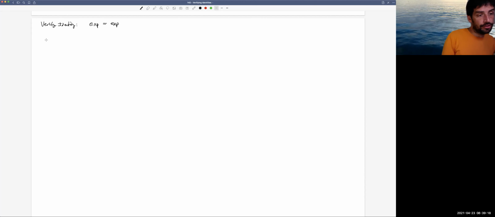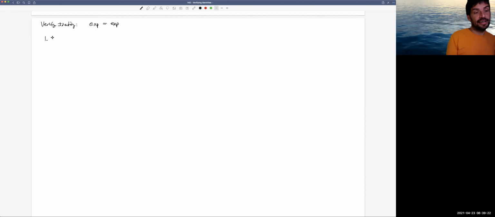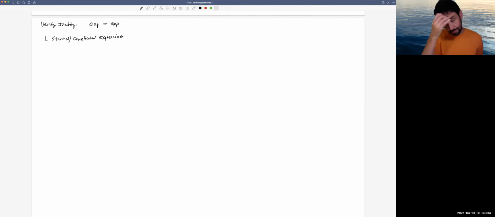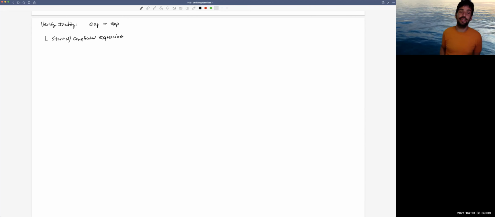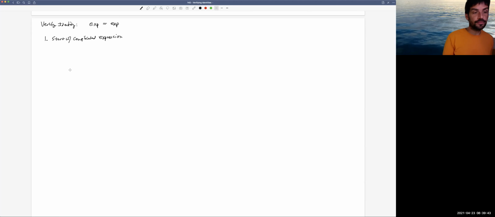So the way we'll usually approach these, we will typically start with the complicated side. If I look at my expression equal to some other expression, one of them is usually more complicated, and it's usually easier to start with that one.